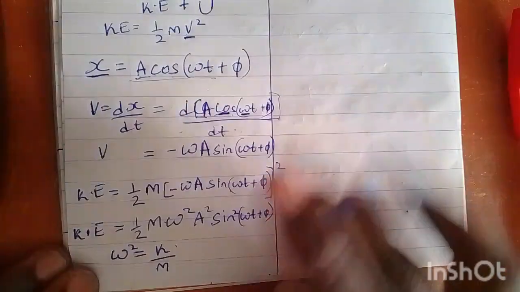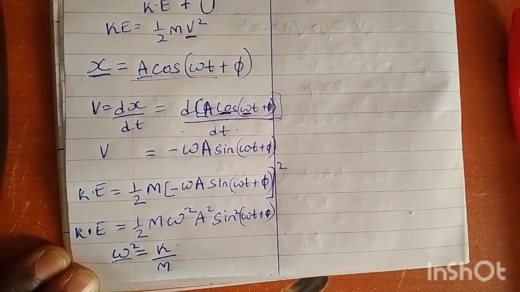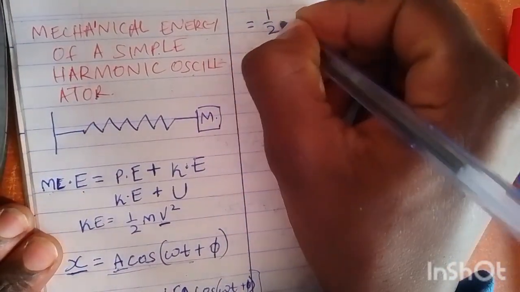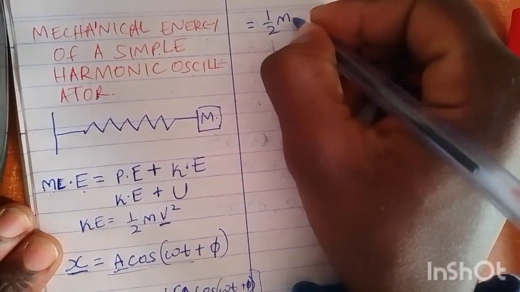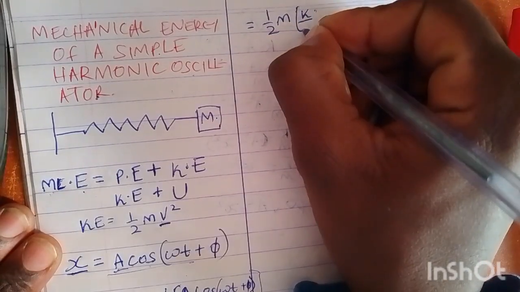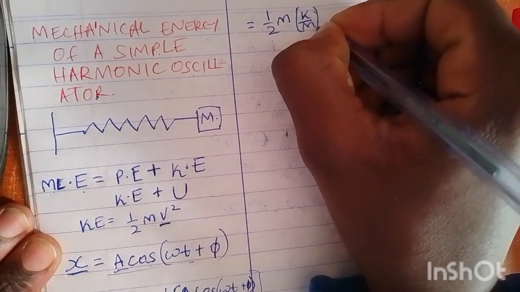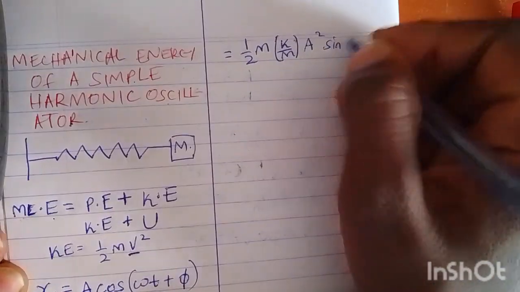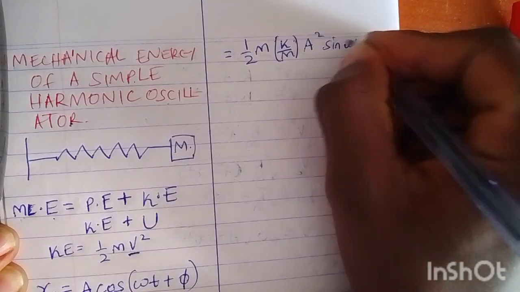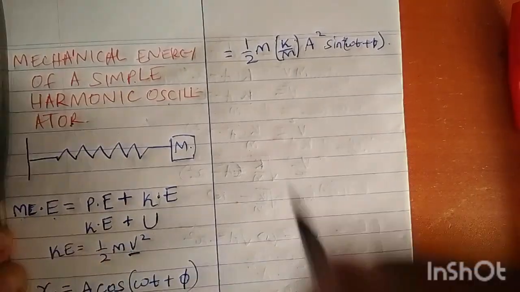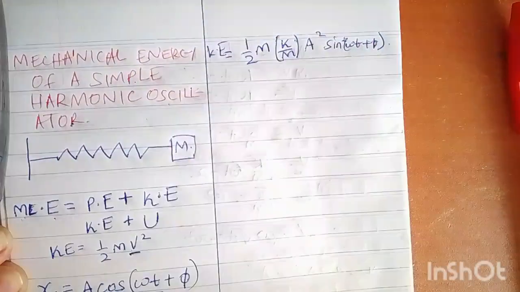Therefore, replacing omega squared with k over m, we get half m multiplied by k over m, times A squared sin squared(omega t plus phi), which gives us our kinetic energy.